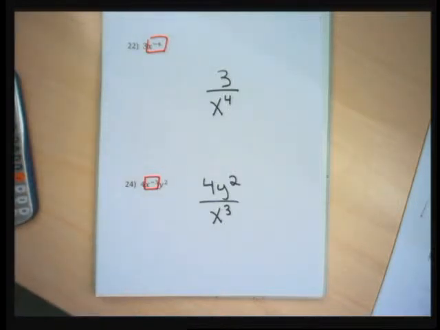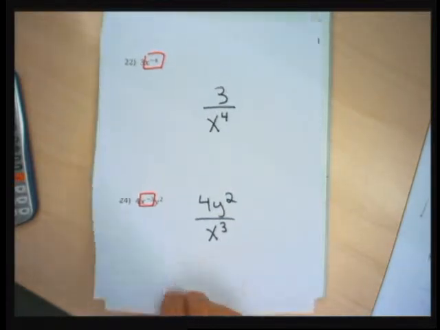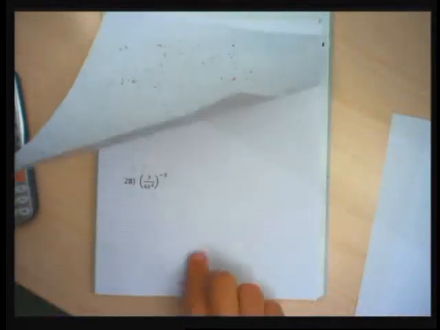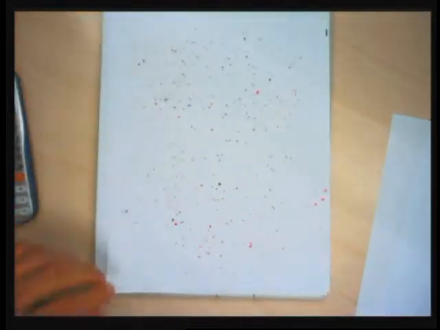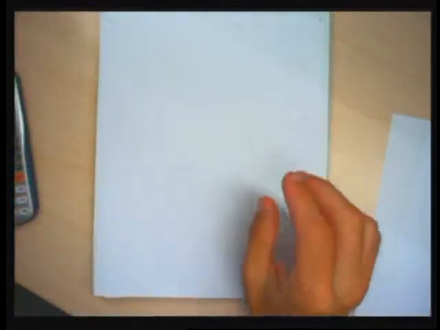We're getting close to the end of the tricks with negative exponents, but we're not done with them yet. Next trick with negative exponents that we have to remember. I'll do a few problems and help you remember that trick.